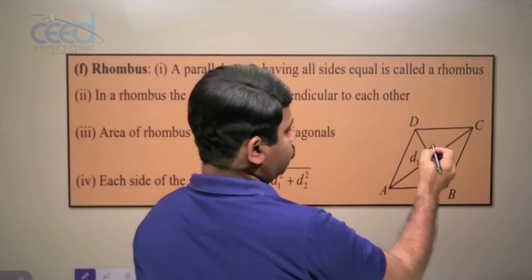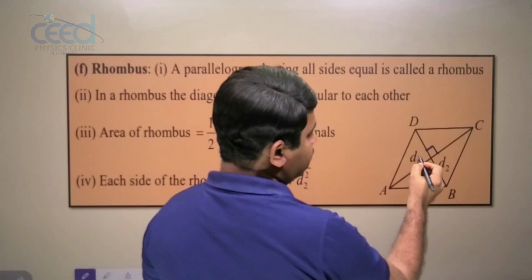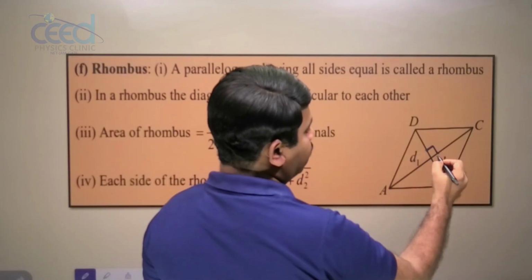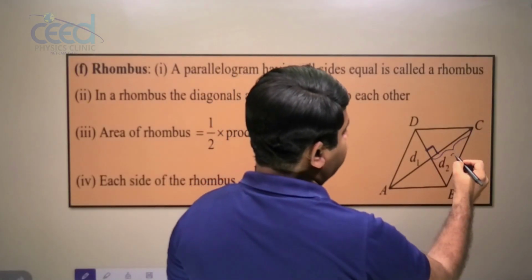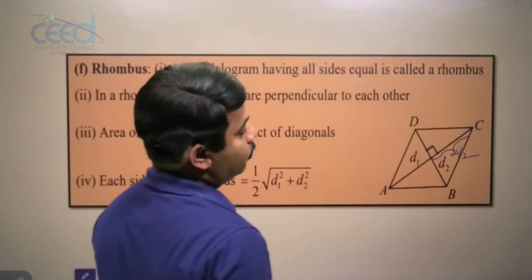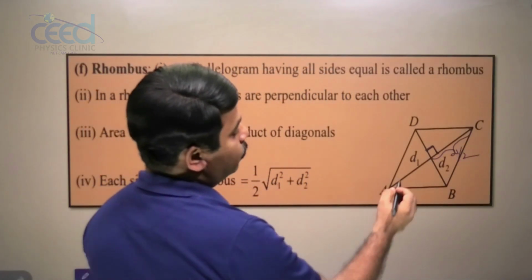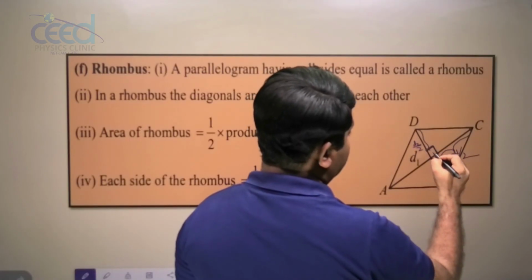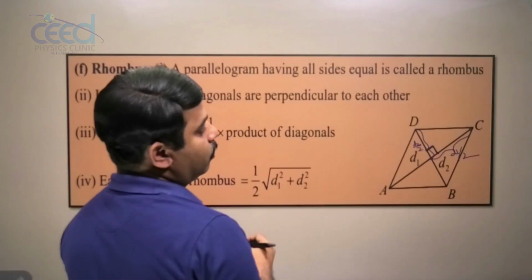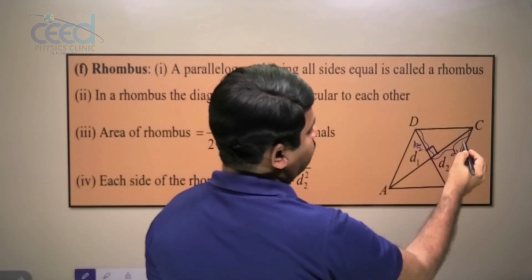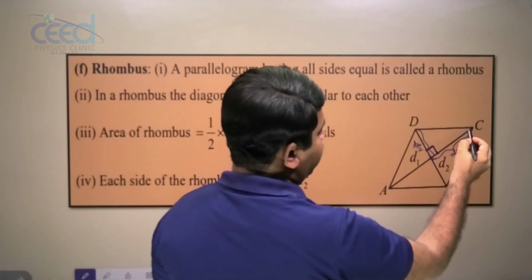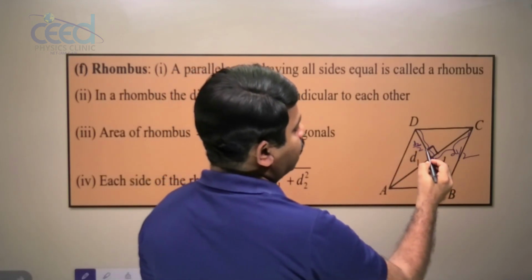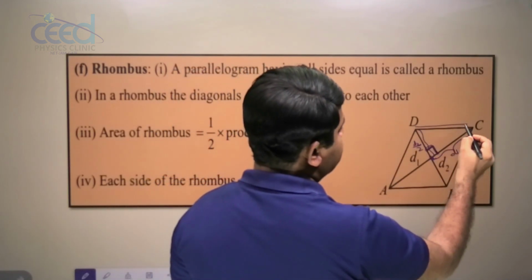See, to find the side, look here, this is d1. Here you can take this as d1 by 2, and this you can take as d2 by 2. So this side is d1 by 2, because the diagonal is halved, and this is also half the diagonal. Now this angle is 90 degrees, then this is the hypotenuse.